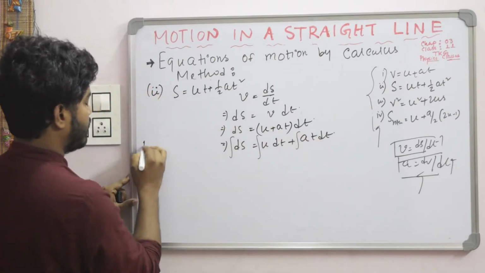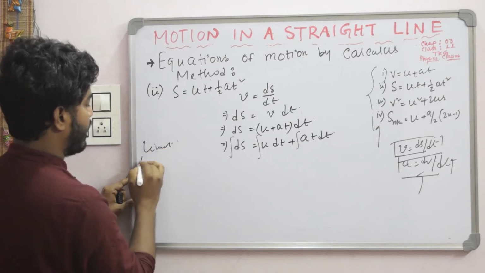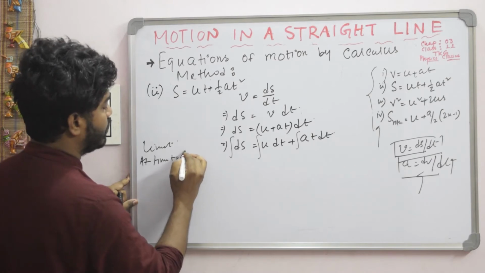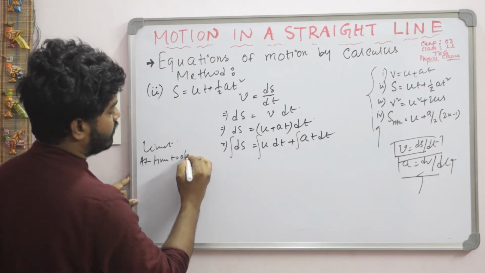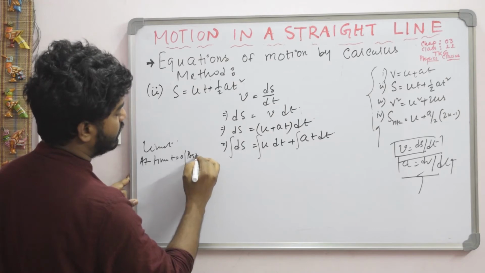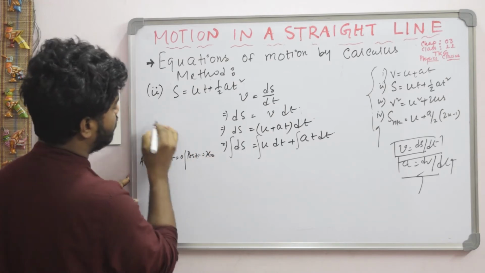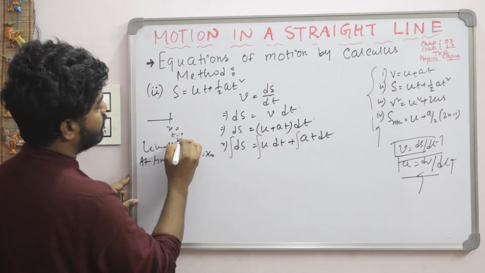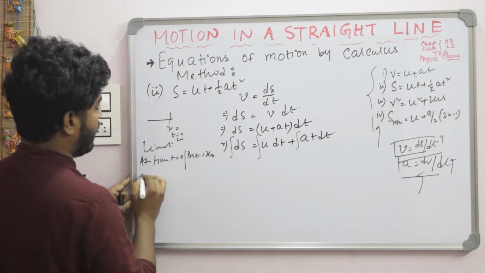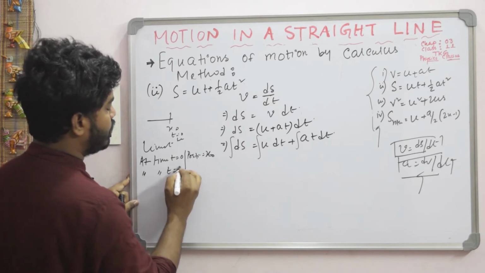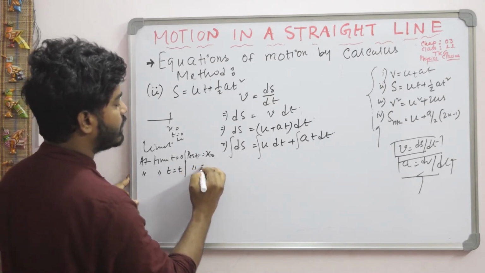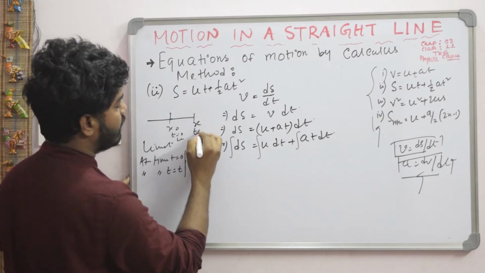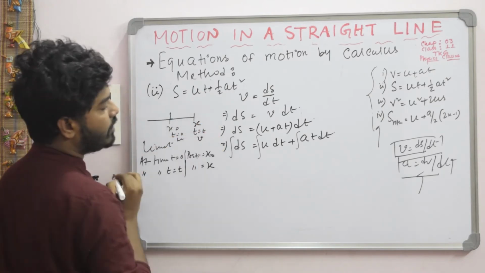Just check, at time t is equal to 0, position is x naught, velocity u, and at time t is equal to t, position is represented by x, final position x when time t is equal to t, and velocity is v.